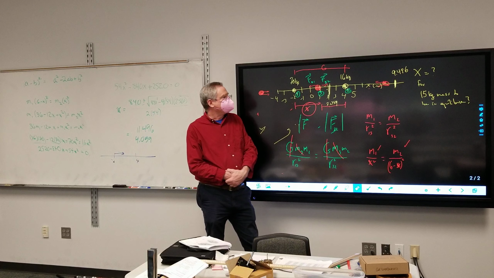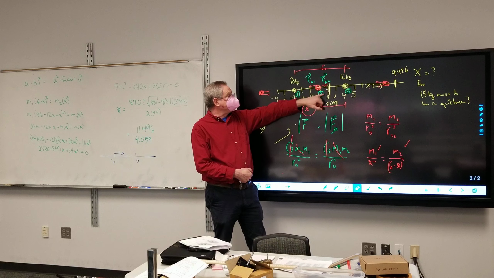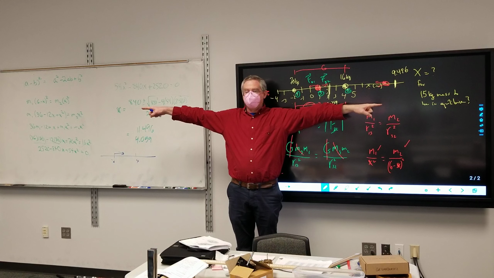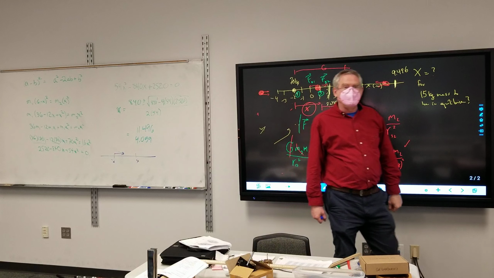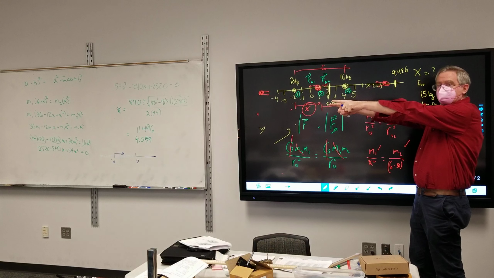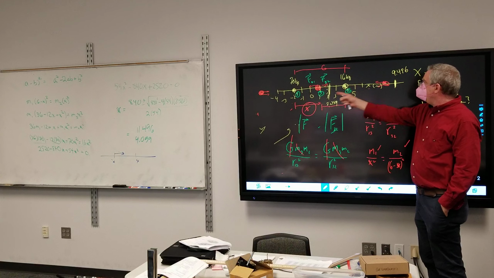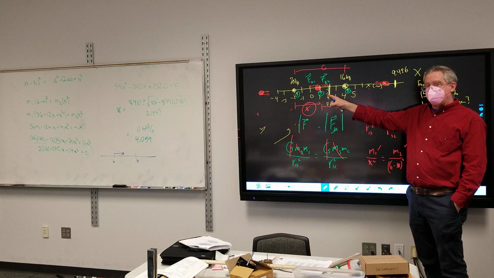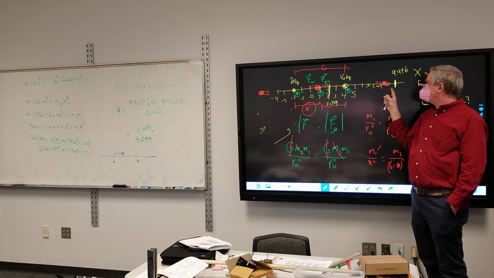No. Spoiler. This is the point where it's in equilibrium, it's being pulled that way. Oh, okay. Equal magnitude of force. Over here, it is equal magnitude of force except they're both in the same direction. So there are two places where the magnitude of the forces are the same, only one of which has the forces in opposite directions. In one of the places, they're in the same direction.